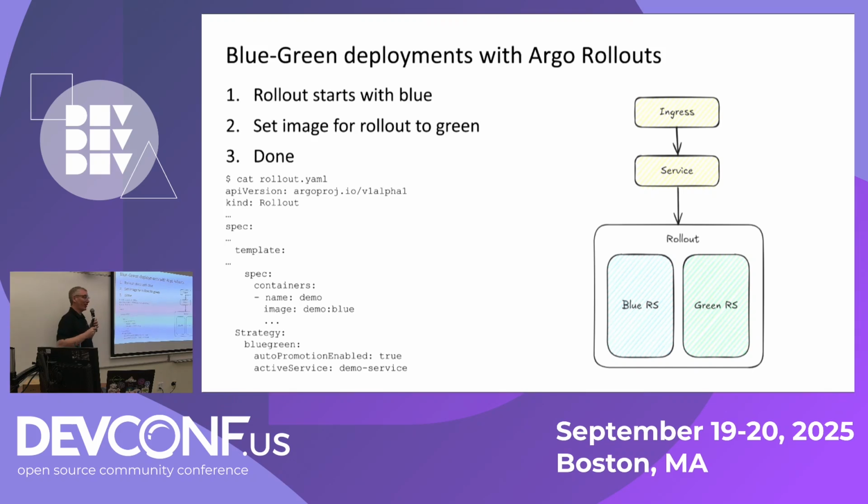rollouts, where you can say, I'm going to do blue-green. I'm going to start up a completely new cluster, and I'm going to transfer all the traffic. It does all the traffic management for you, and there are different ways of doing traffic management in Argo Rollouts, but it's going to say, I'm going to start up the new service, and when it's fully available, I'm going to transfer all the traffic over.